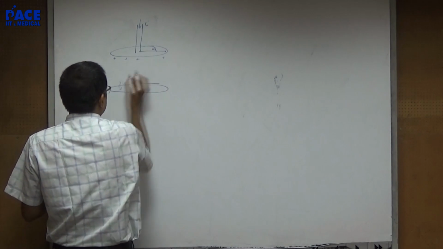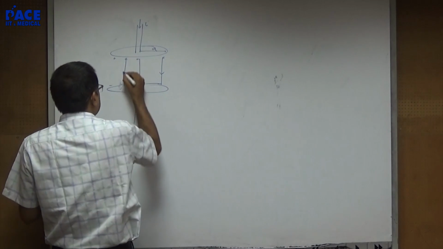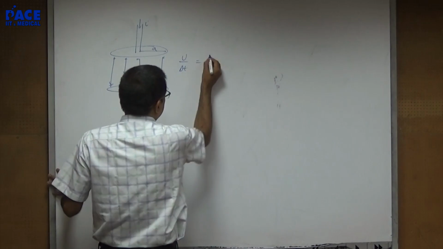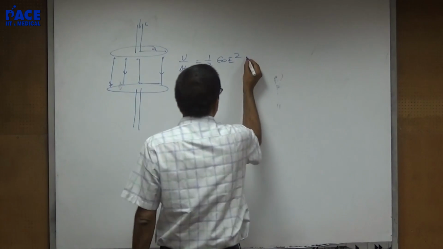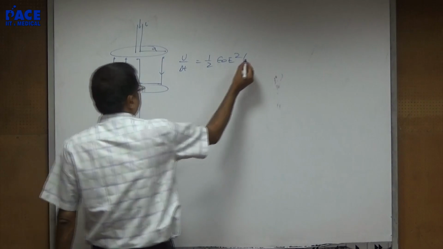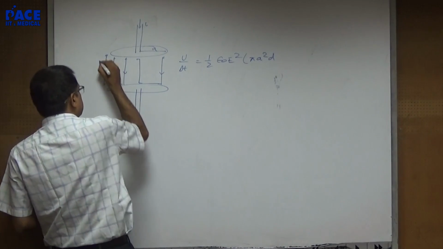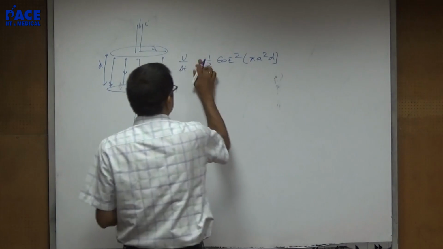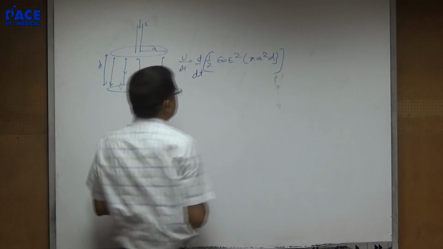There was accumulation of positive and negative charges, and I had an electric field established here, and the energy stored per unit time will be half epsilon naught E square into volume, area of cross section pi a square into d, this particular distance, d by dt of this.